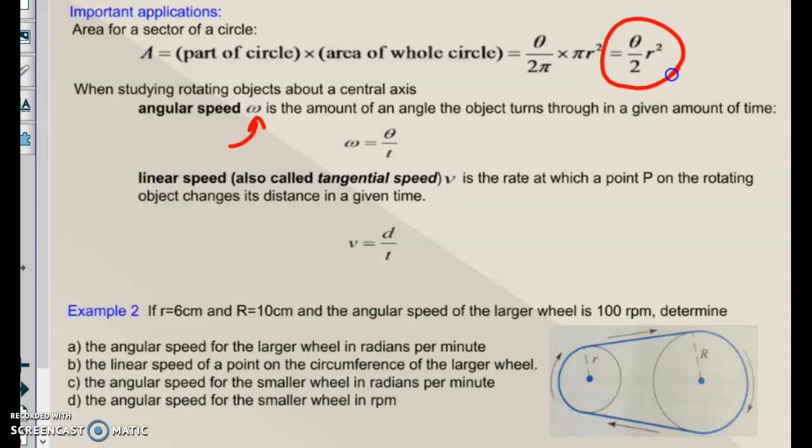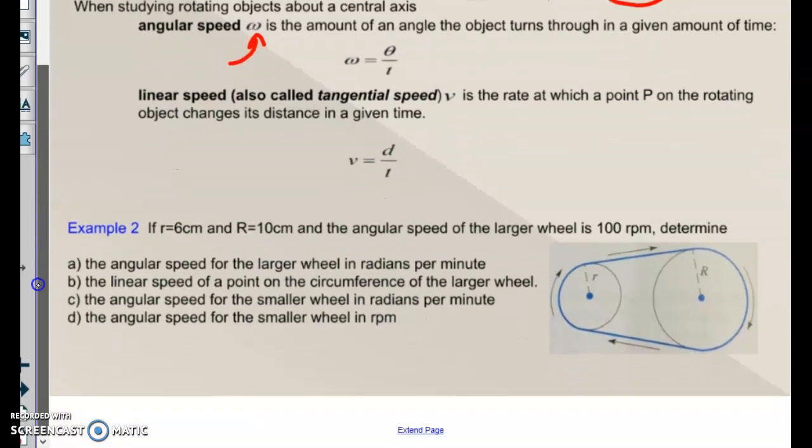Linear speed, or tangential speed, is the rate at which a point on the rotating object changes its distance in a given time. So what we have here is a couple gears. Let's take a look at how we find the angular speed of the larger wheel that has a radius of 10 centimeters.